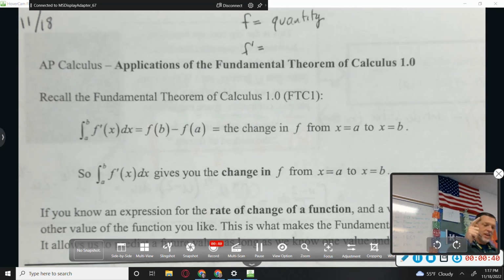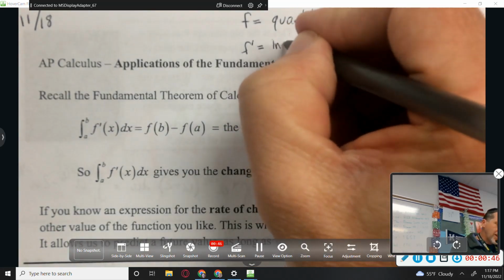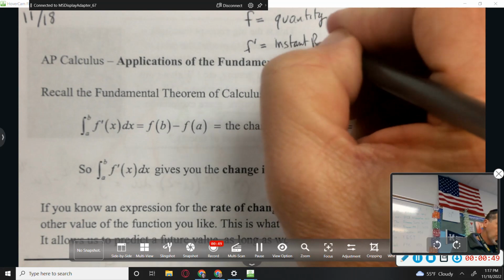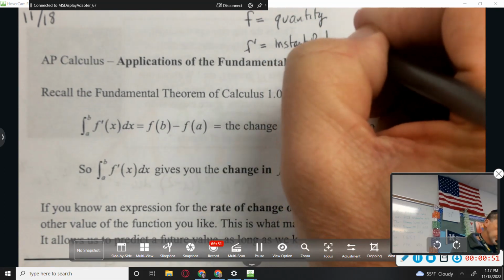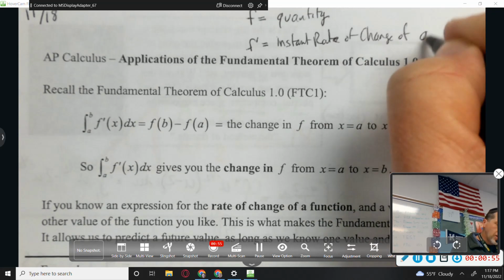Integral is area. IROC, so that is the instant rate of change of whatever our quantity was.